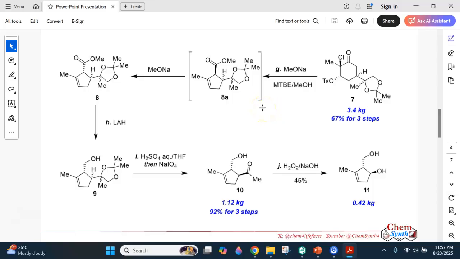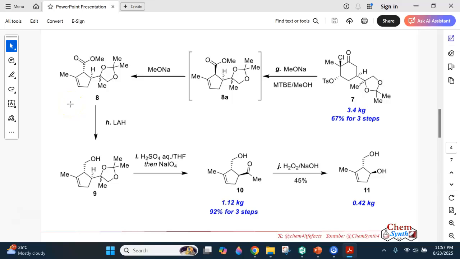So initially they observed that isomerization process is not completed even after 24 hours, but when MTBE and methanol was used as solvent, then isomerization process completed within shorter time period.